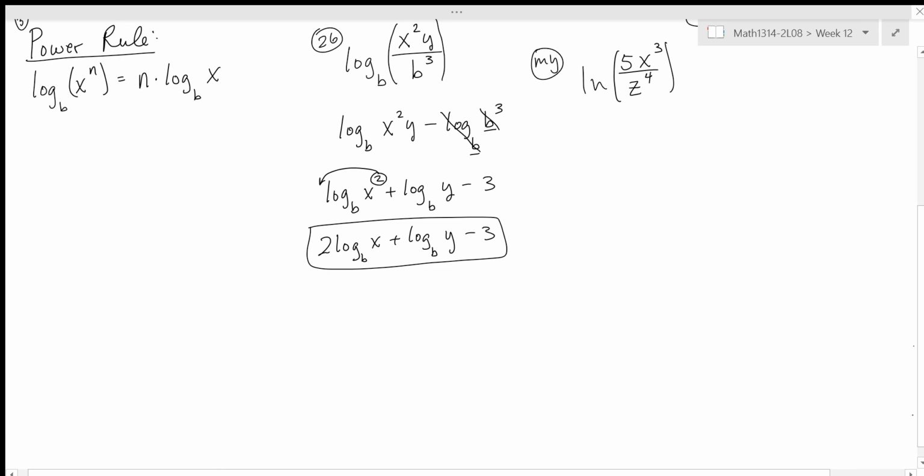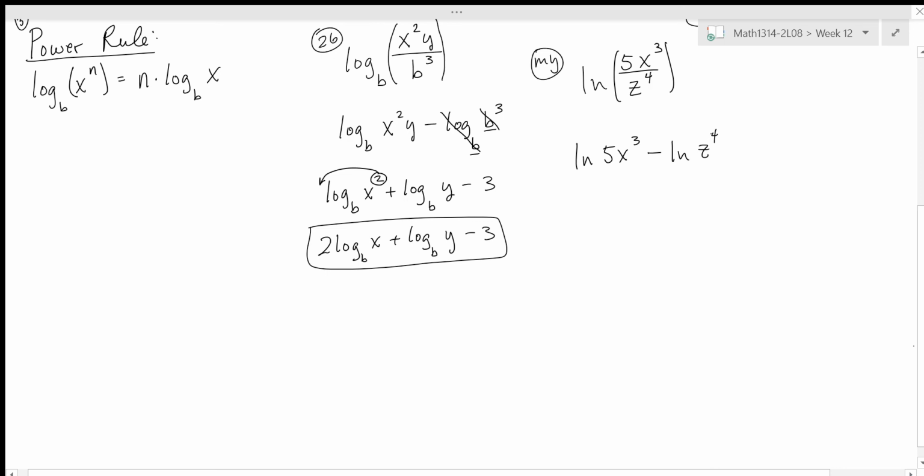Okay, so in this problem, do you see multiplication, a fraction, or a power? All the above. What do I have to deal with first? Yeah, the quotient rule. So we're going to take down the fraction. And that's going to be natural log of the top minus natural log of the bottom.